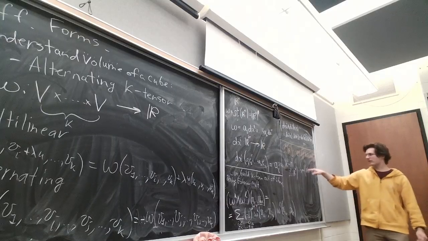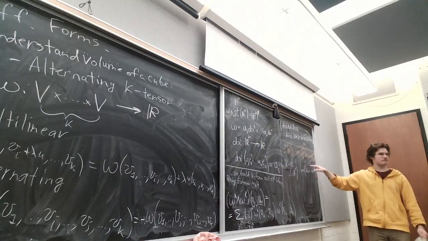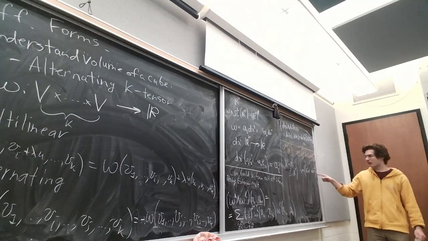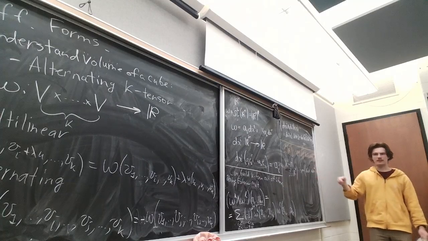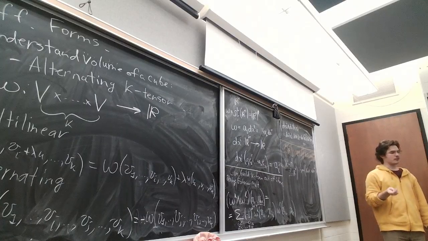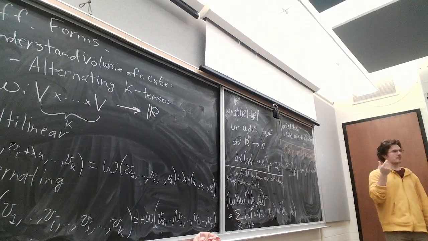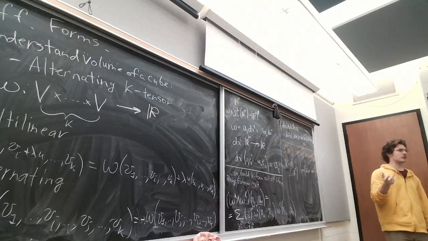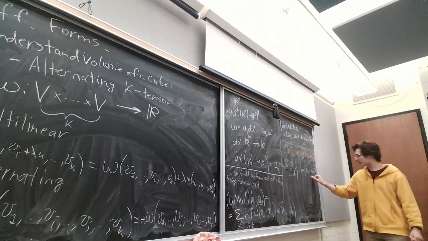Do people know what this thing is called? You do. So what's some function that tells me the volume of an n-dimensional parallelepiped in an n-dimensional space? Yes. So this is precisely the determinant.